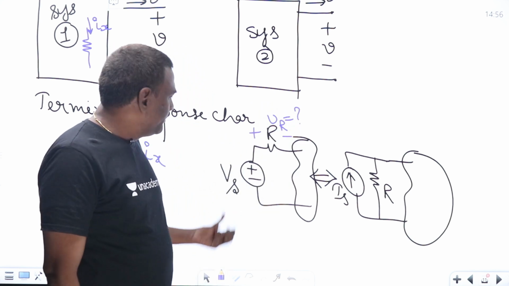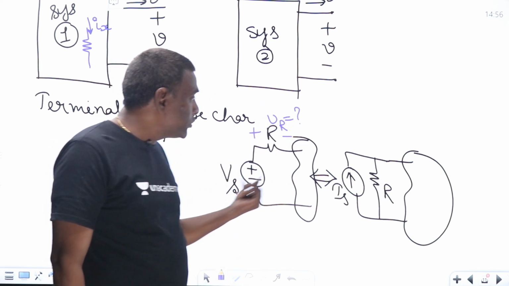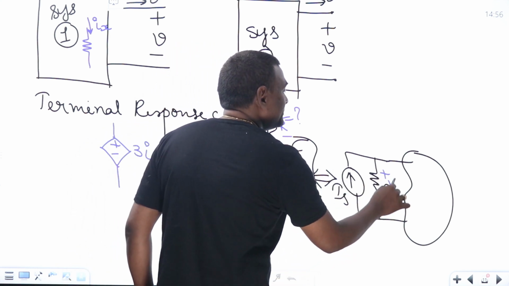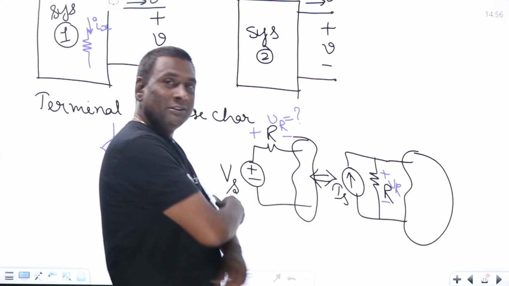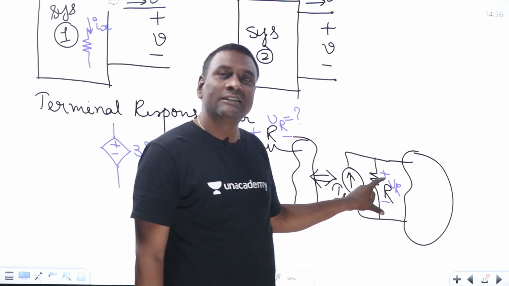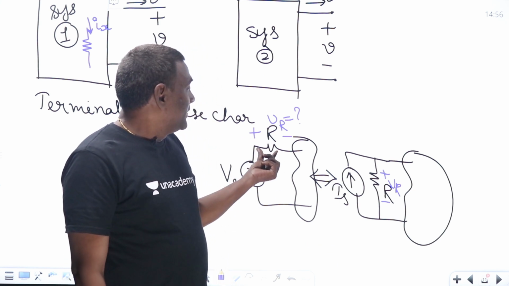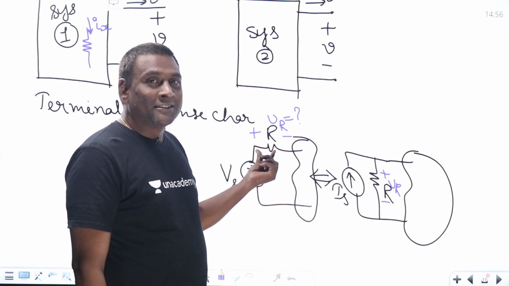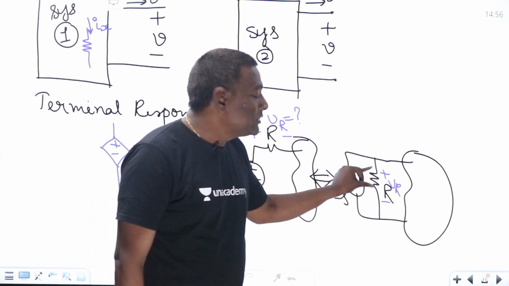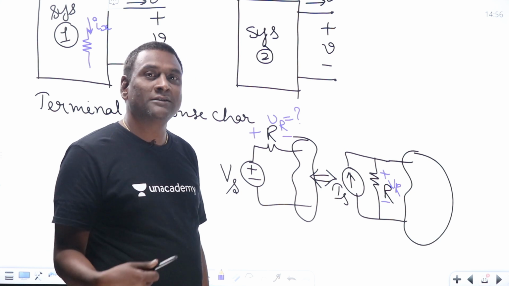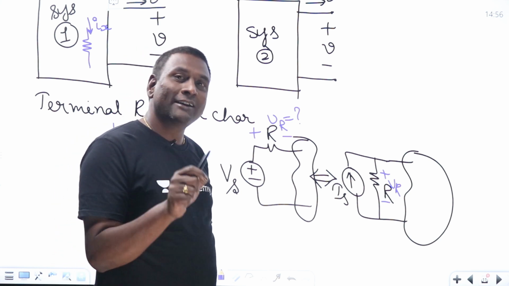Can you transform this source from here to here and expect that the same voltage will be across this resistance, because the resistance magnitudes are the same? No. If something is being asked inside the system, you have to properly cross-check.